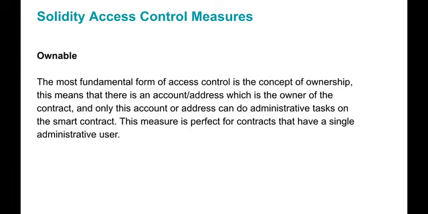Okay, so I'm just going to dive into the Solidity access control measures. Number one, we have Ownable. Ownable is the most fundamental form of access control, and this means that there is an account or address which is the owner of the contract, and this particular account or address only can do administrative tasks on the smart contract.